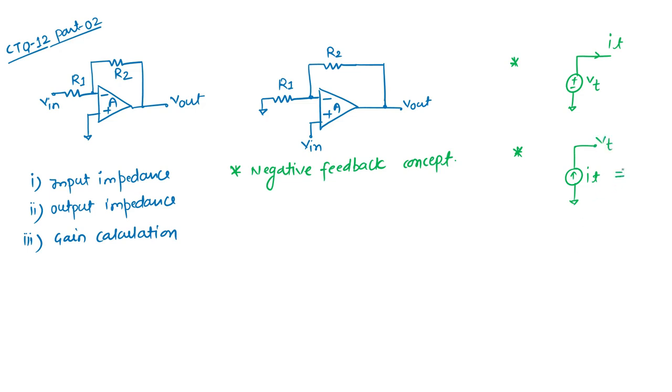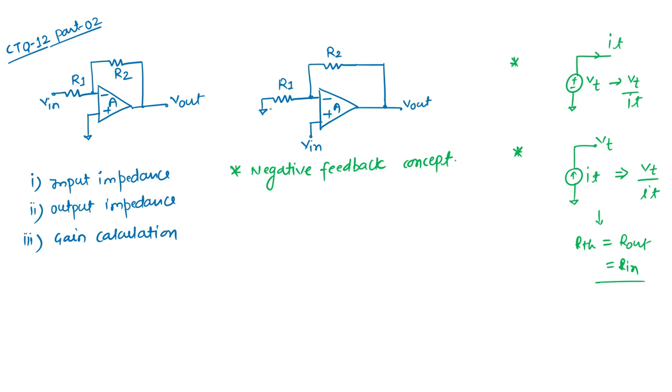In this case also the impedance comes out as Vt by It. You can call that RTH or whatever, R out if it is the output impedance, or R in if it is at the input node. So we'll see one by one what the possible discussions can be carried out here.